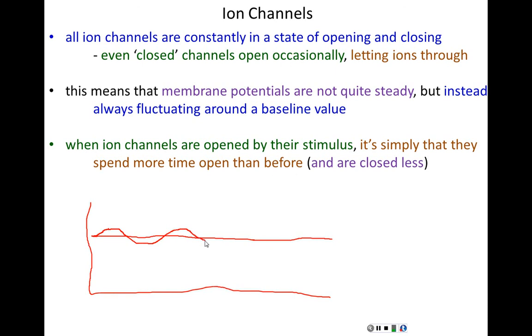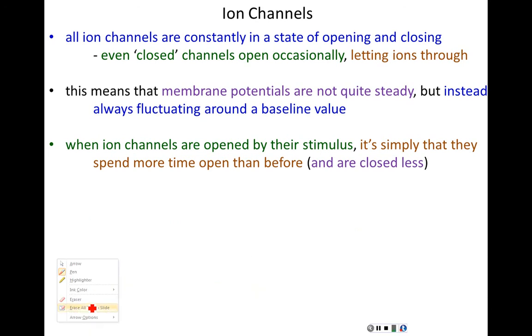So this is what we mean. Membrane potentials aren't really quite steady. They fluctuate a little bit up, always constantly trying to meet that steady state, always missing it and overcompensating. So we're always fluctuating around a baseline value, and this is because channels are spontaneously opening, and then they close. You open other ones to compensate, closing the first, and we're constantly dancing around this. So that's all we mean there.